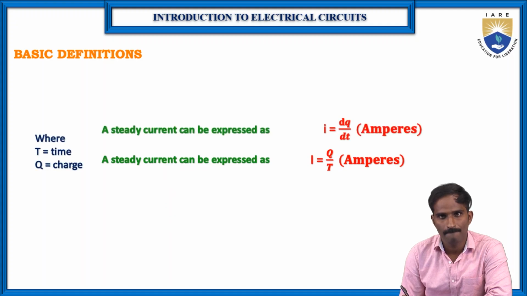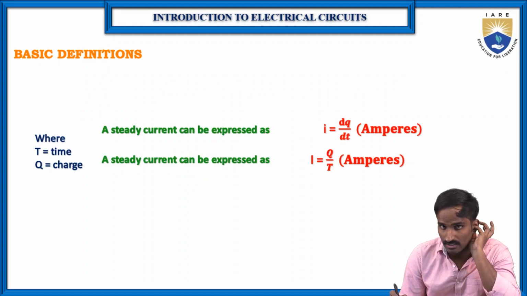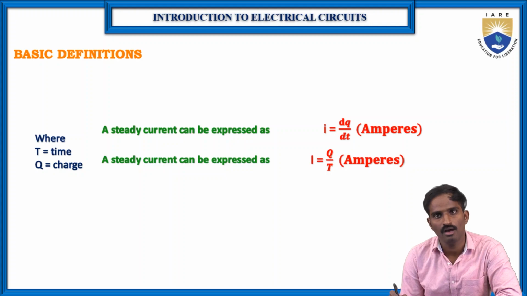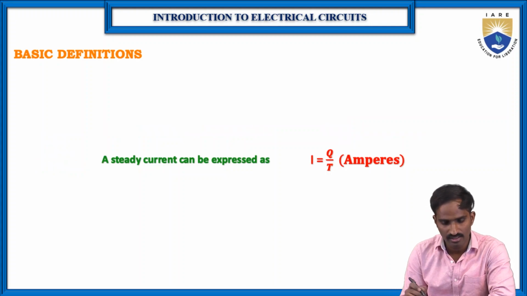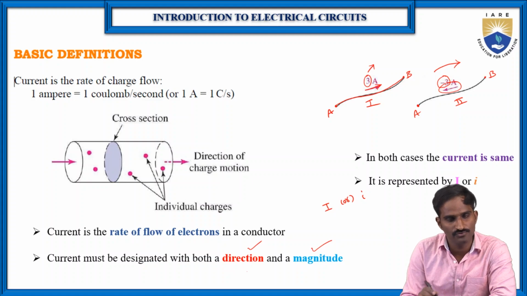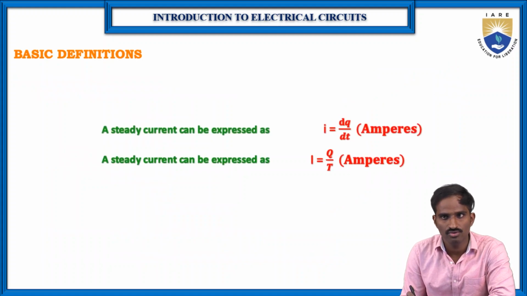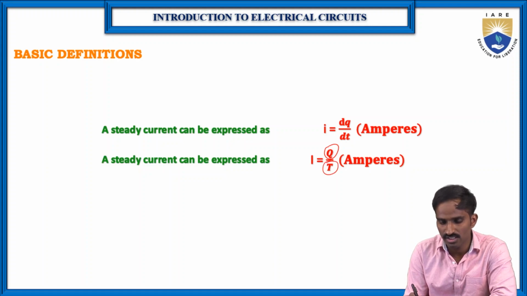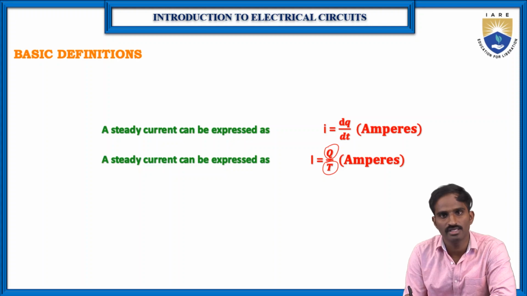According to the basic definition, the rate of flow of charge through a conductor is called current. So it can also be expressed with the charge as Q and the time as T, so I is equal to Q by T. Or, as the rate of change of charge, we can represent the current as i equal to dq by dt.